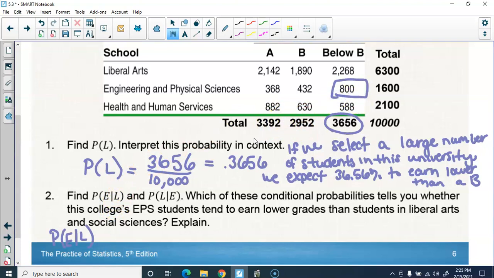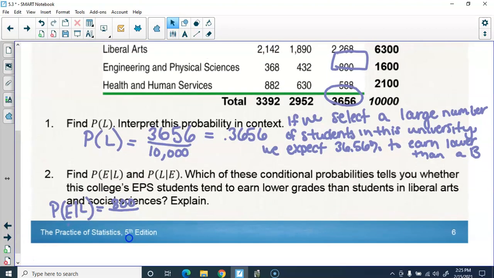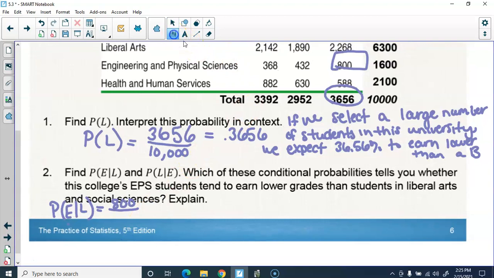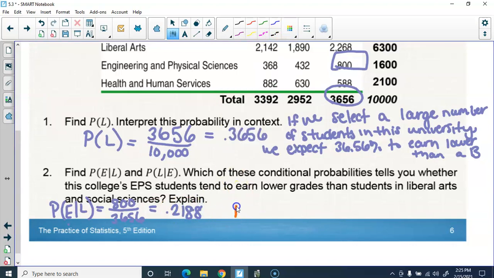So we have engineering and L, lower than a B. We have where that intersects, and then we divide by the total of whatever the condition is. So this is under the condition that we've earned lower than a B. Then we divide by that number, 3656, which is about 0.2188.